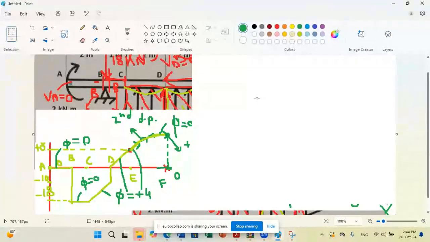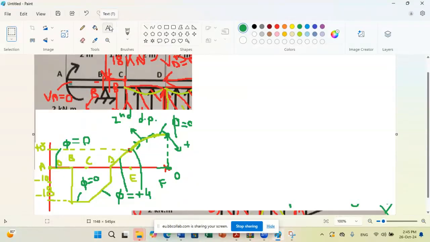The second step will be to draw the moment diagram. I am done with shear, and now I want to draw the moment diagram. When I want to draw the moment diagram, I should look first if I have any couple on my figure. On my figure, I have one couple only, which is the couple at A. So what will be my starting bending moment at A?